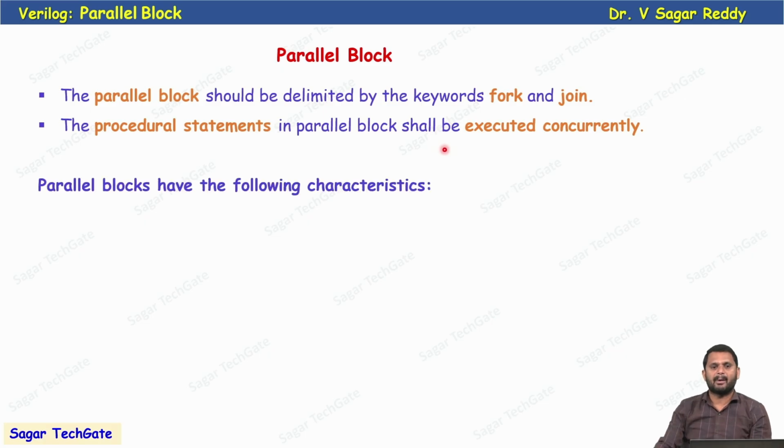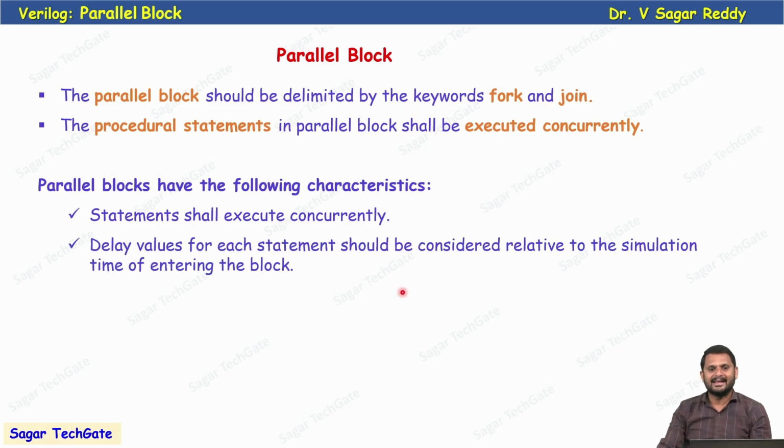Now the parallel blocks have the following characteristics. Statements shall execute concurrently, so we call it a parallel block, and we use the fork and join keywords. Delay values for each statement are considered relative to the simulation time of entering the block, whereas in the sequential block they are relative to the simulation time of the previous statement.